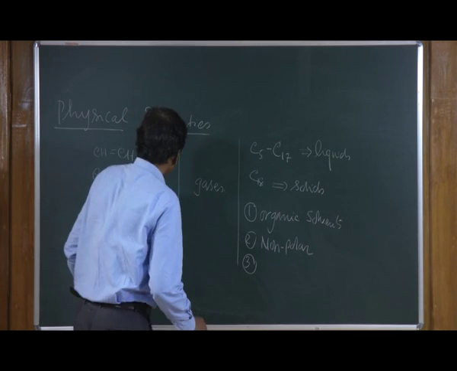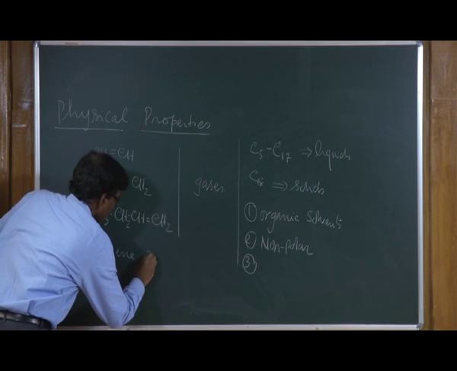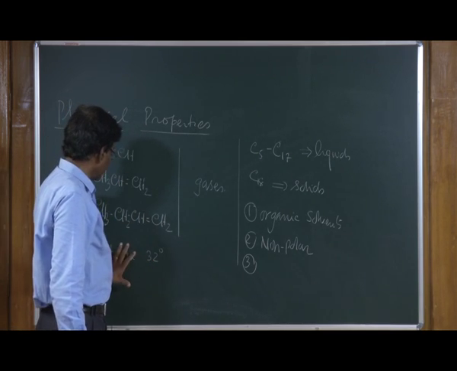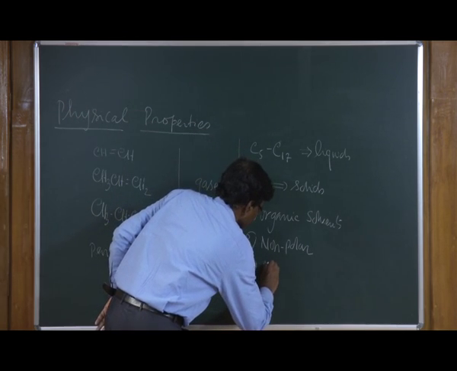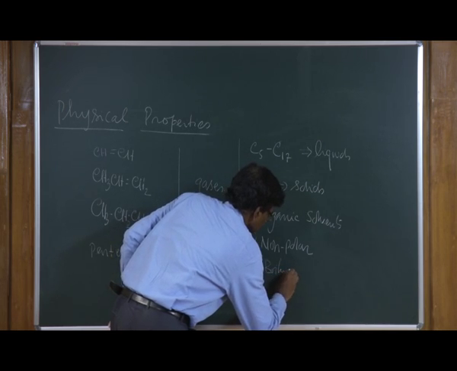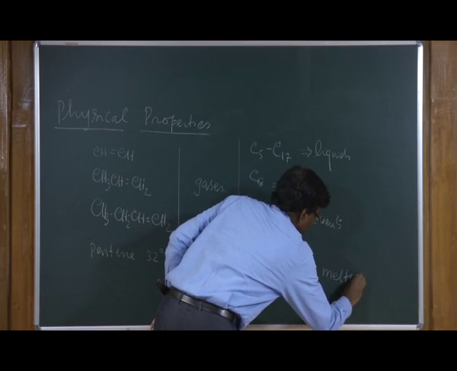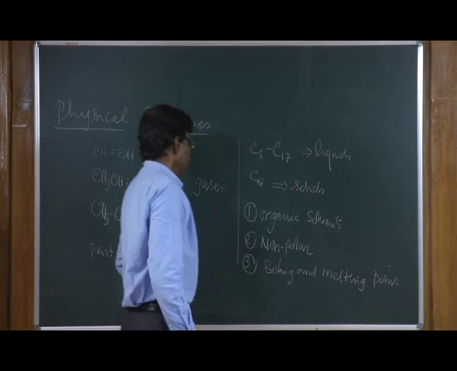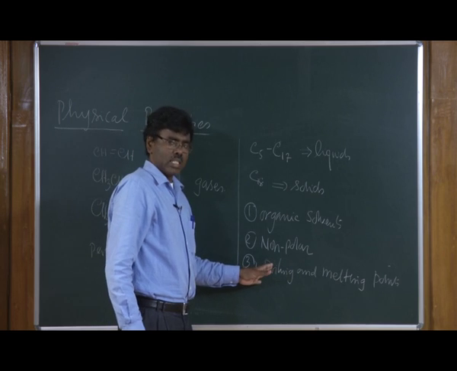For example, let us take pentene. The boiling point is 32 degrees Celsius. Therefore, when you increase the molecular weight of the alkenes, the melting and boiling points increase.